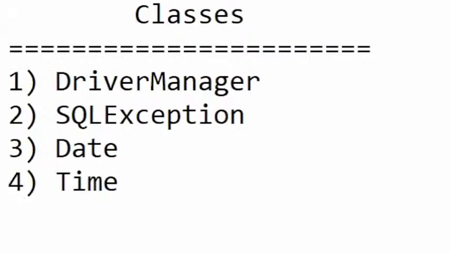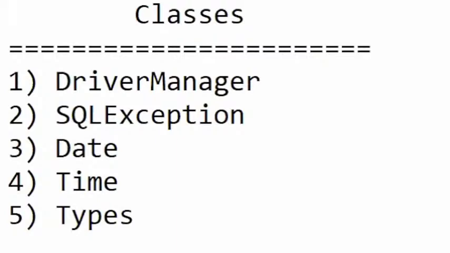Fourth one, Time, PreparedStatement. Fifth one, Types, CallableStatement. Sixth one, ResultSet.